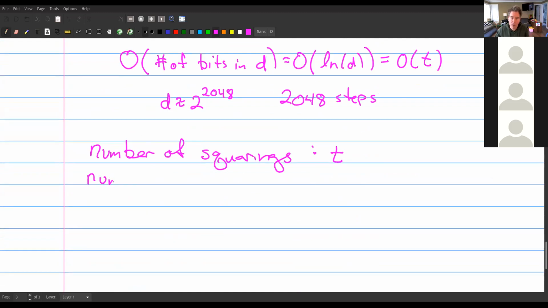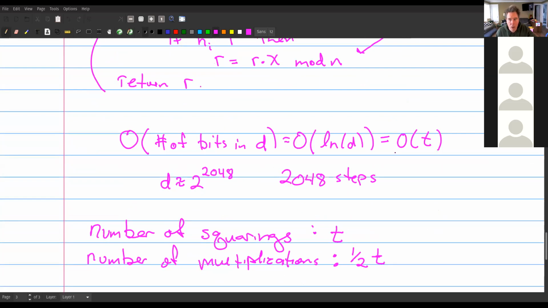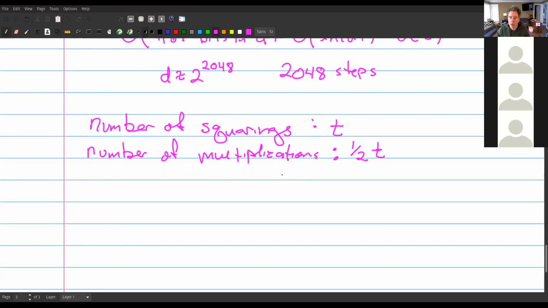And the number of multiplications: if you assume there's about a half chance that a bit is 1, then there's a half chance that you additionally have to do a multiplication every time you do a square. So this is a total of 3/2 t operations. These are operations on big integers.